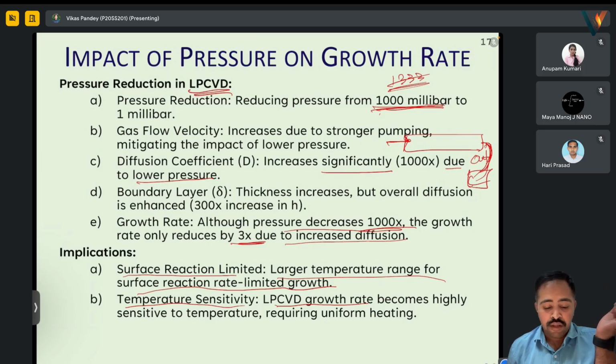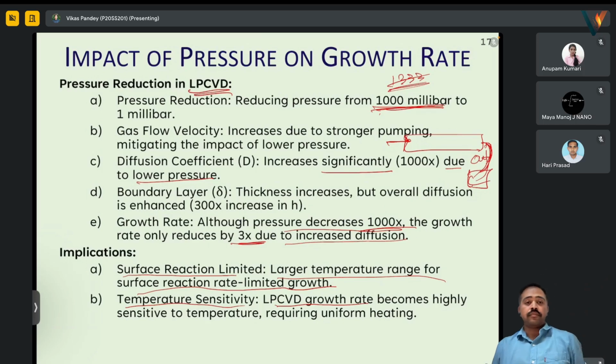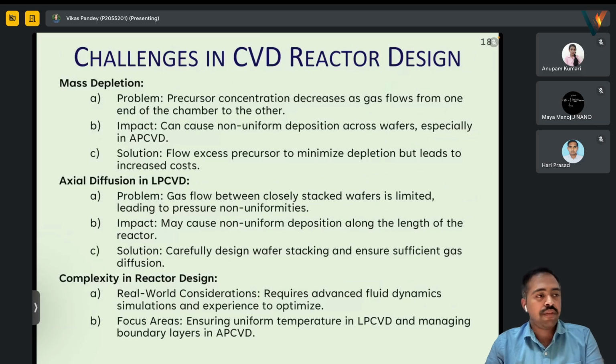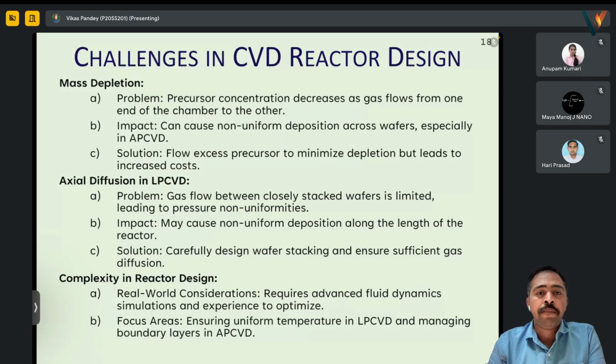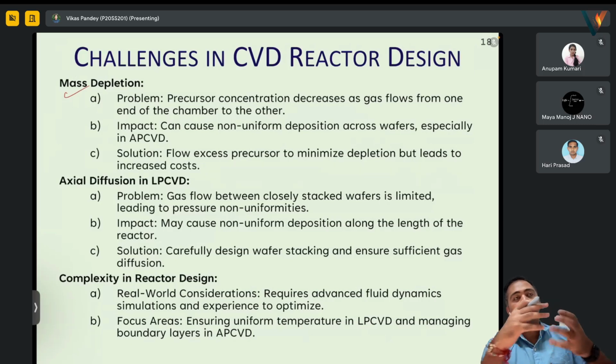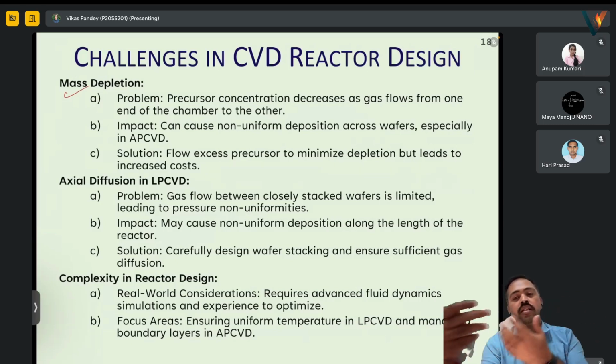So, what are the challenges in CVD reactor design? There are three parameters that we take into account when designing the CVD reactor. One is mass depletion. The problem is that the precursor concentration will decrease as the gas flows from one end of the chamber to the other. Reactions are taking place and the precursor is getting consumed.